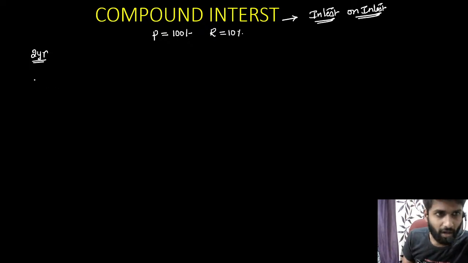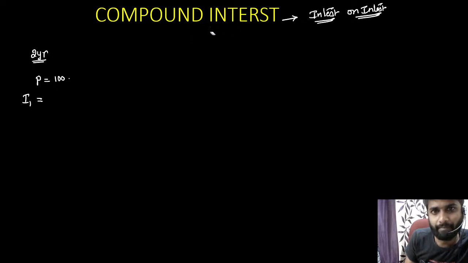Now principal is equal to 100 rupees. First year interest is equal to 10% of 100. Rate of interest is equal to 10%, and we calculate for 2 years. Principal is 100, interest is 10% of 100, which is 10 rupees.